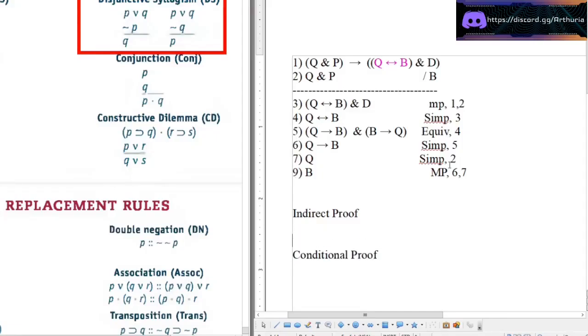Nice. So an indirect proof, just for your information, is assume that the conclusion is false, and then prove to me that some not X and X is true, some contradiction.